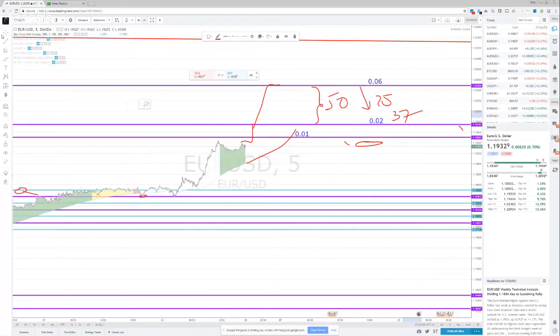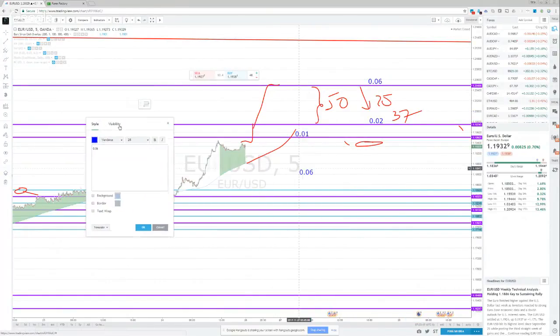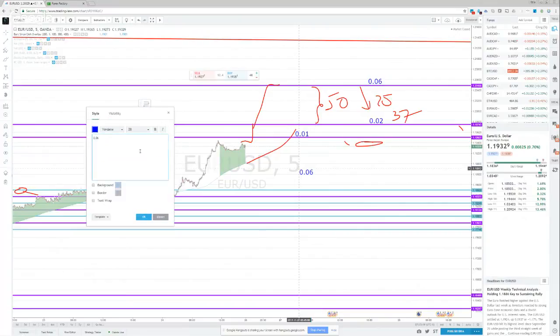So let's do the math here. This is 25. How many pips will I get? Let's say it did go to this 0.06, so that's 6 times, let's say 50 pips. That's the plan, and that means 300 pips value, right? Minus the 0.02 is really nothing.